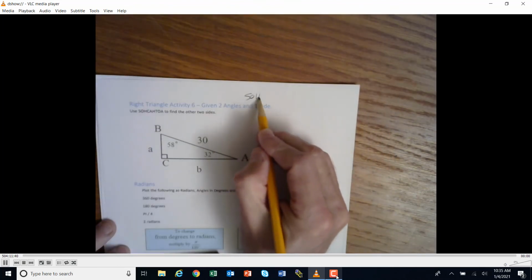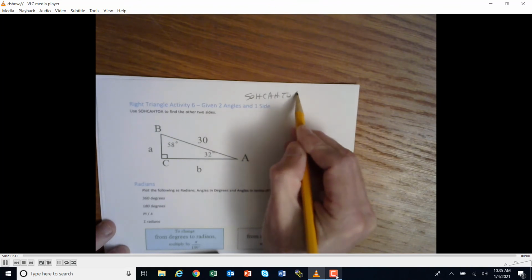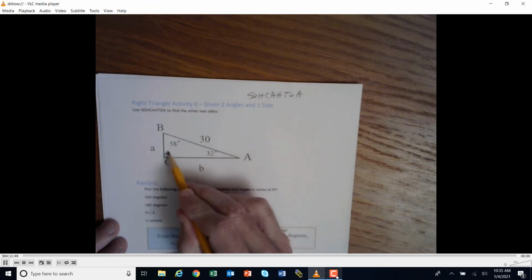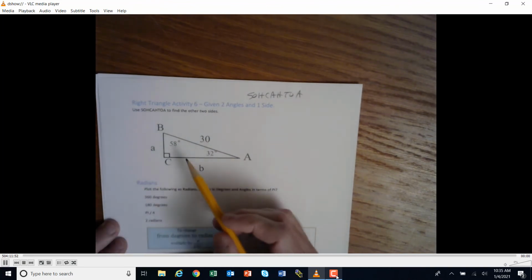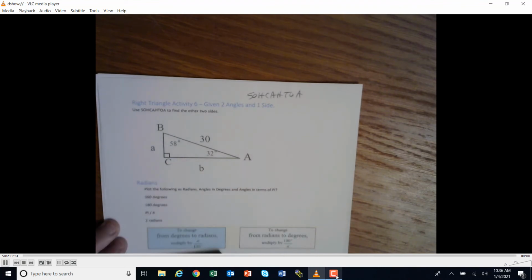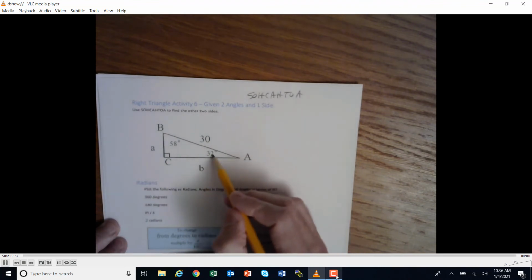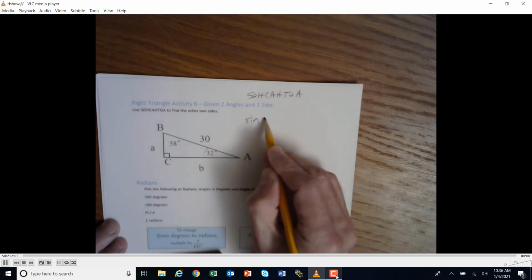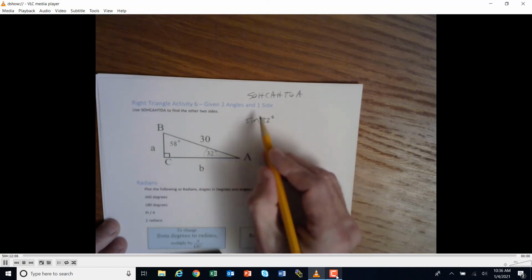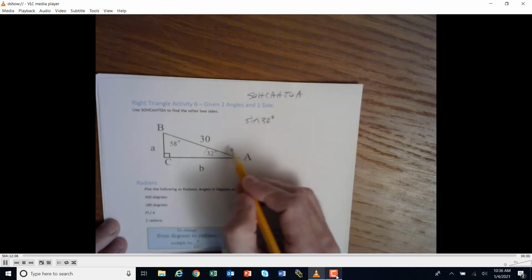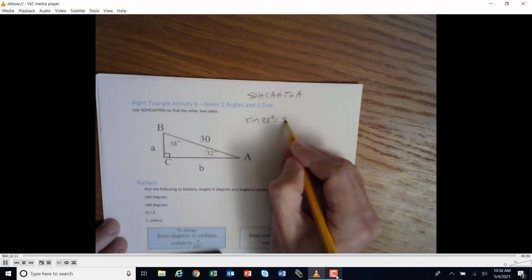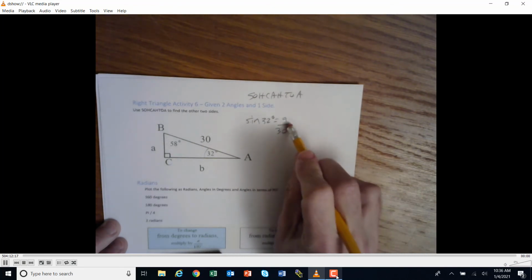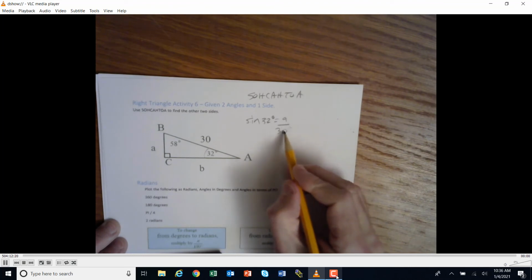Look at this. Use SOHCAHTOA to find the other sides. So I got all my angles. That's looking good. I can't use Pythagoras because I don't have another side. What I can just do is use SOHCAHTOA. So let's pick 32 right here. Sine of 32 is equal to opposite over hypotenuse, which is A over 30.